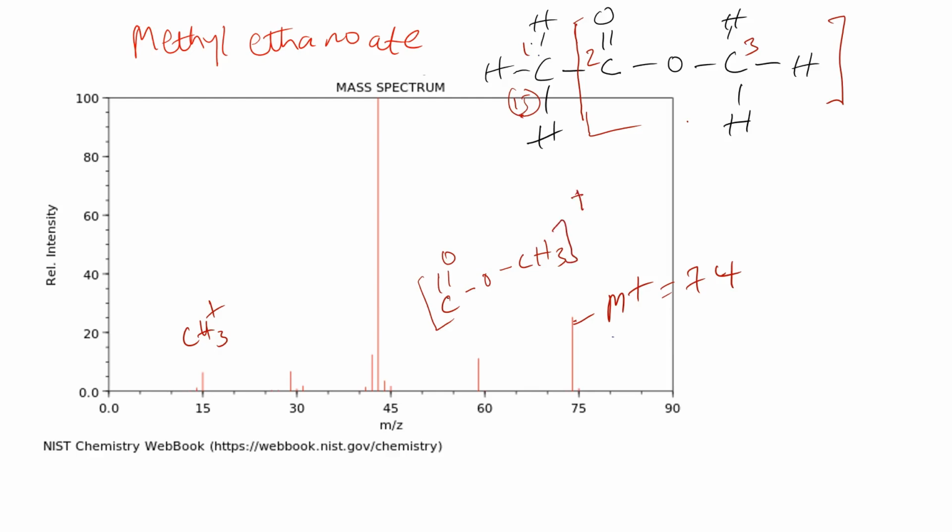Now, what if you break the bond between C2 and oxygen? If you break this bond, we are going to have this cation and also this cation from here. So let us find the values of the two fragments.